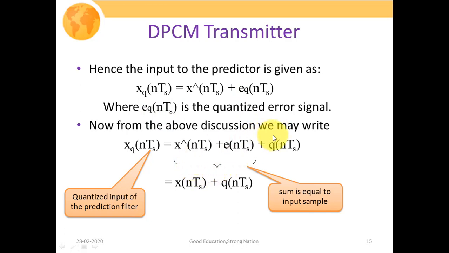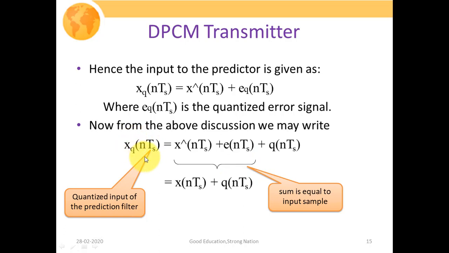From the above discussion, we may write that x_q of nTs, the quantized version of x of nTs, will be equal to the predictor output plus the error signal plus the quantization error, since the predictor output and error signal combined give us x of nTs, and this is the quantization error.